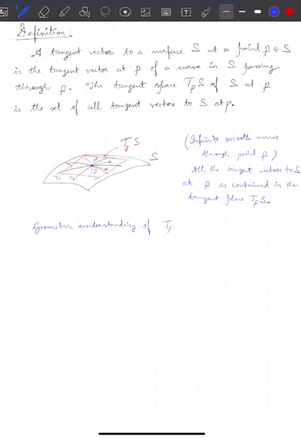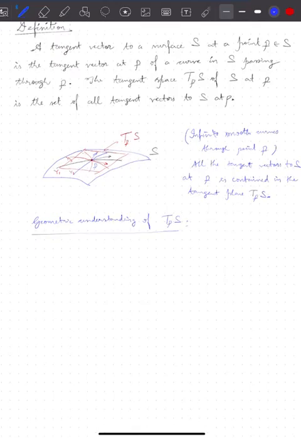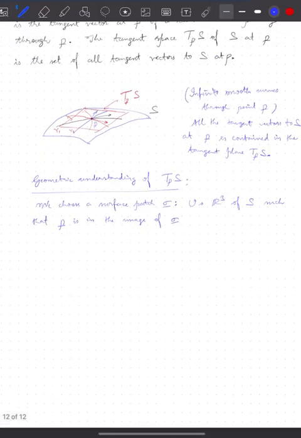Now, to further understand this tangent plane, we first choose a geometric understanding of T_P S. So say we choose a surface patch, of course, that is the minimum, that's where we begin for a surface. We first choose a surface patch sigma which maps from U to R3 of S such that P vector is in the image of sigma.